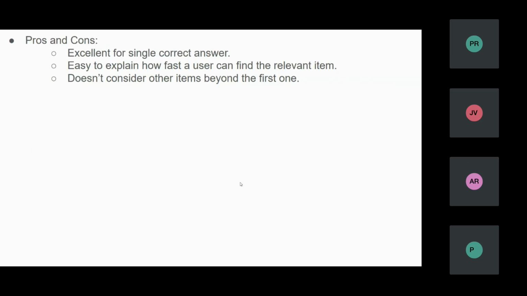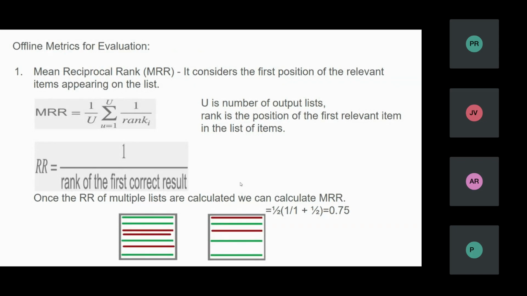So MRR is excellent for use cases with single correct answers, and it is easy to explain how fast a user can find the relevant item. It doesn't consider the other items beyond the first one. As you can see, in the list there were other relevant items as well, but we only considered the first relevant item that appeared on our list for the calculation of MRR.